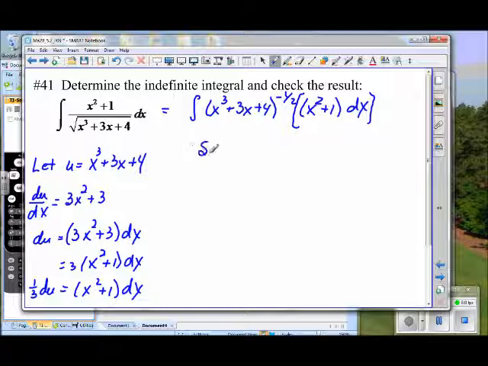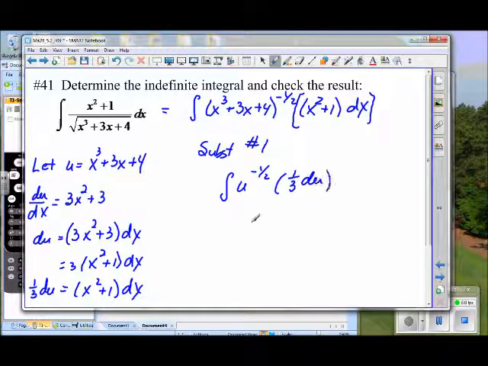So I'm going to make a substitution, and I'm going to write this as u to the negative 1/2 times 1/3 du. The scalar 1/3 can come out in front, and so I'd have 1/3 the indefinite integral of u to the negative 1/2 du.